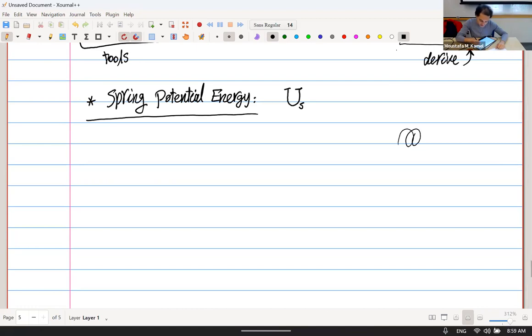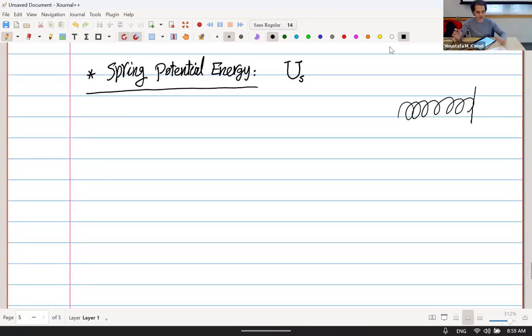So this is the spring in the beginning. This is the equilibrium position of the spring. It's not compressed, it's not stretched. And then you push on it to get it to this distance. So this is the compression. The compression amount is x.